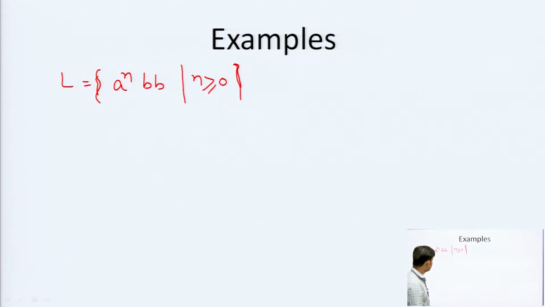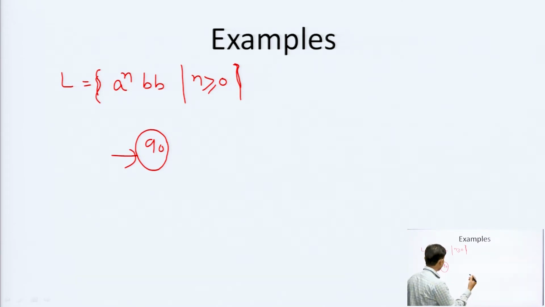Here, the minimum string length is 2, that is 2b. Same as in the previous class, where I did one example, this is Q0. If any regular language is given, you just read it and move right, and when you find the blank, go to the final state.